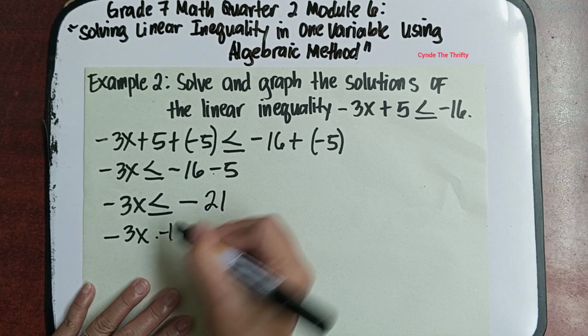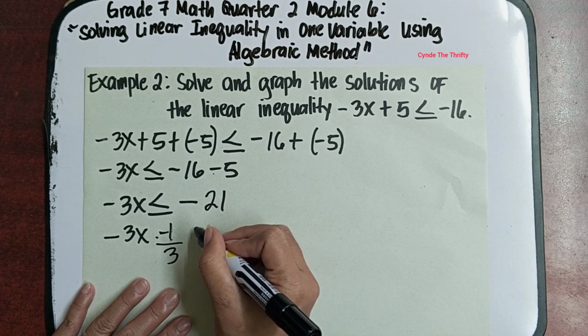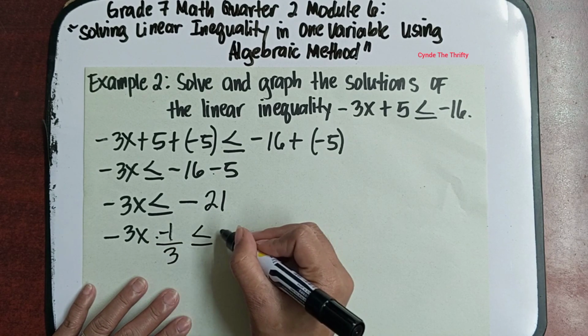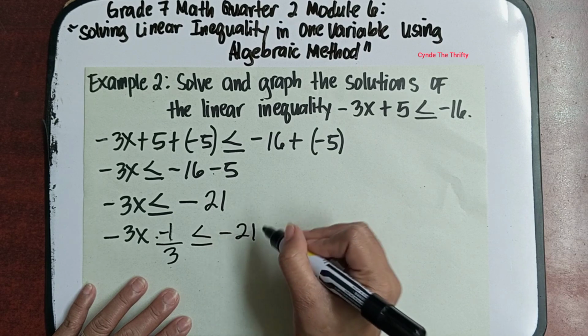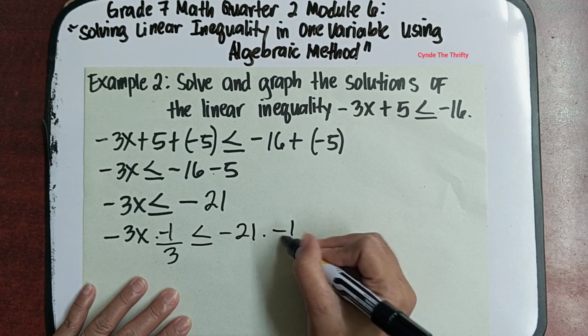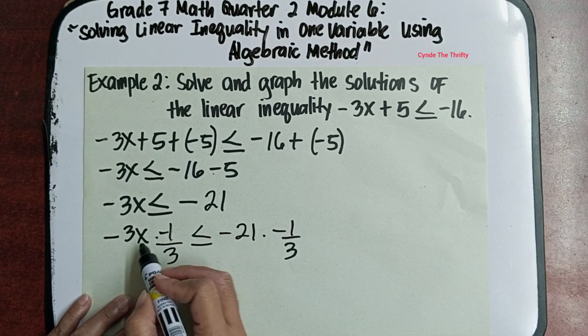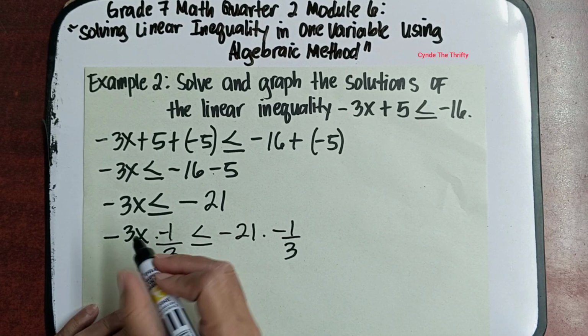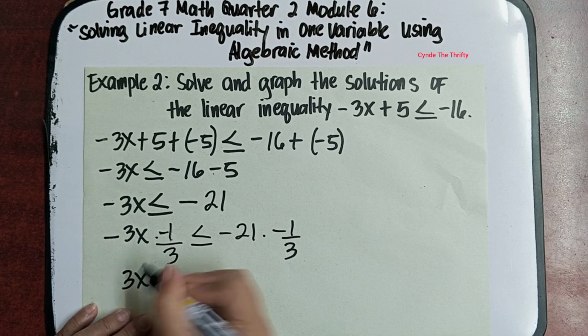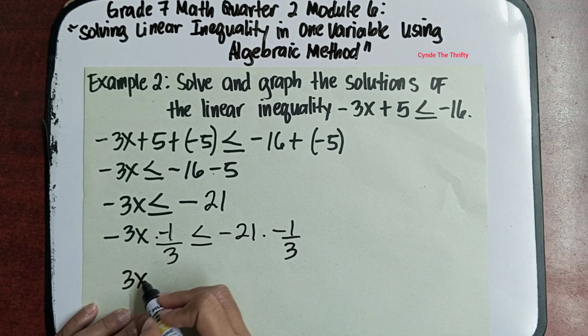So, negative 1 over 3 is less than or equal to negative 21 multiplied by negative 1 over 3. Okay, so negative 3x times negative 1 over 3 is equal to positive 3x over 3, because negative times negative is equal to positive.